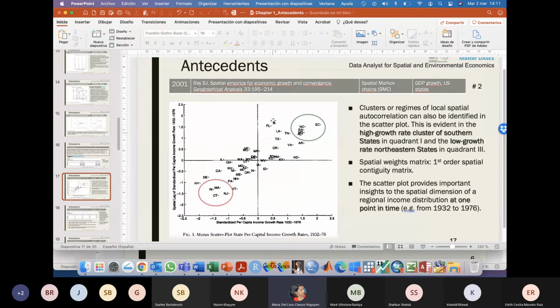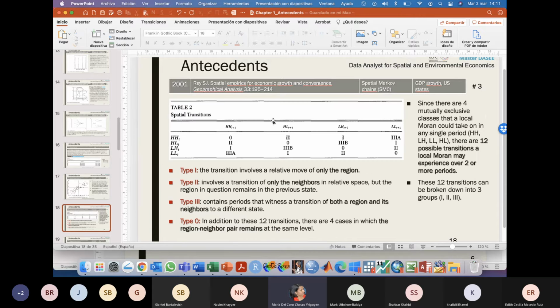These quadrants are like very, very specific classes, because they take into account not only the distribution of per capita income, but jointly the distribution of neighboring per capita income, neighboring states in this case. And this is very interesting because we have these 4 mutually exclusive classes, and in the end what we have here are 12 possible transitions of per capita income growth in time. This is what is represented here.